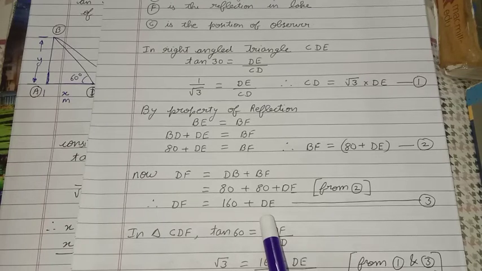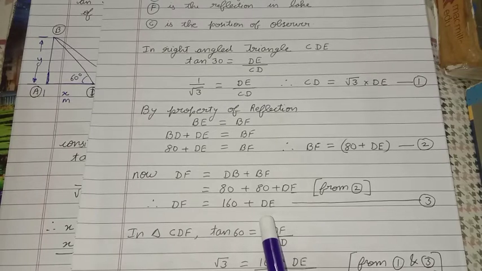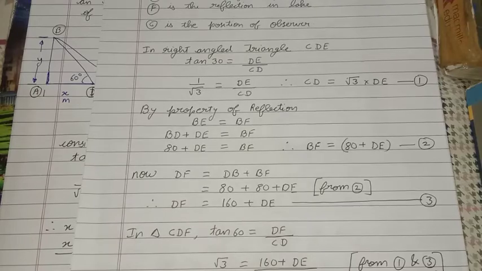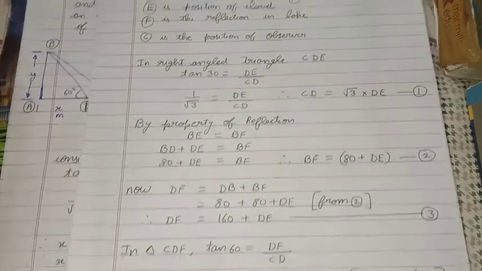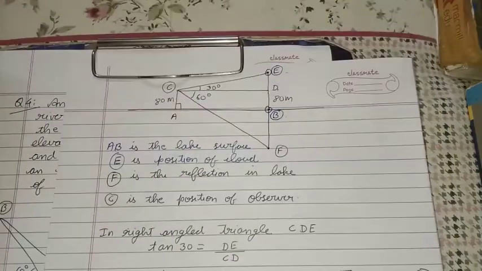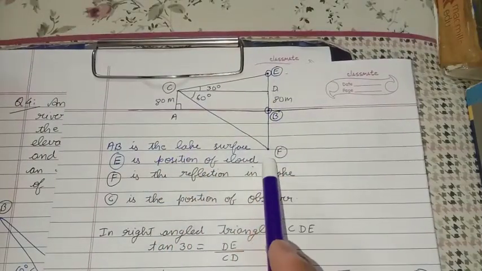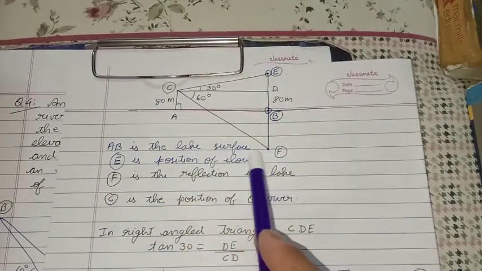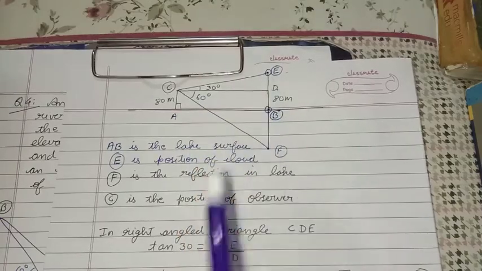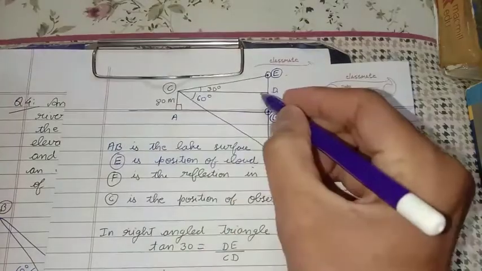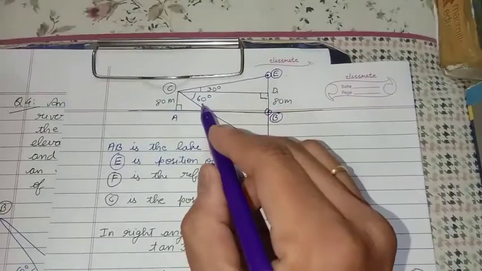Okay. Now move ahead with the next point, that is in triangle CDF. Where is the triangle CDF? Again look at the triangle. This is C, this point is D, and this point is F. So in this triangle it is again a right angle triangle. This angle is 90 degrees, this is 60.